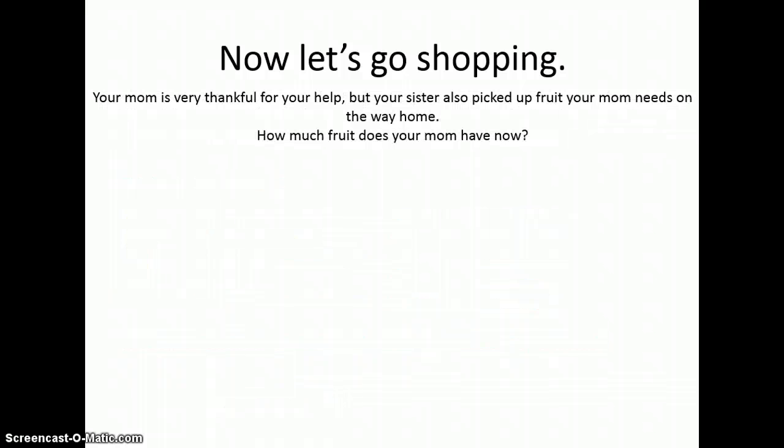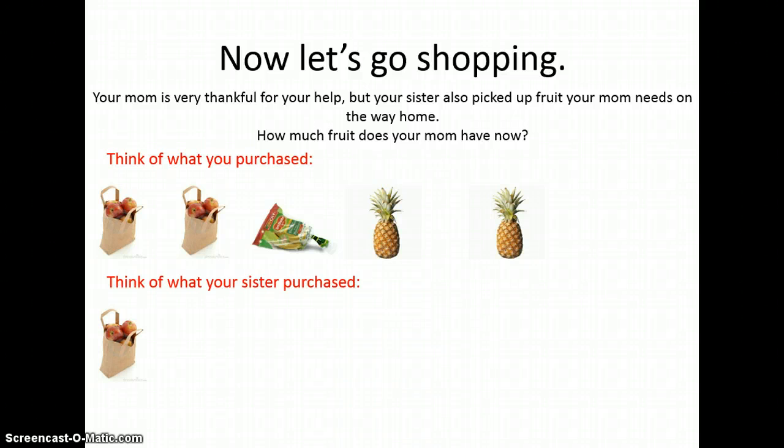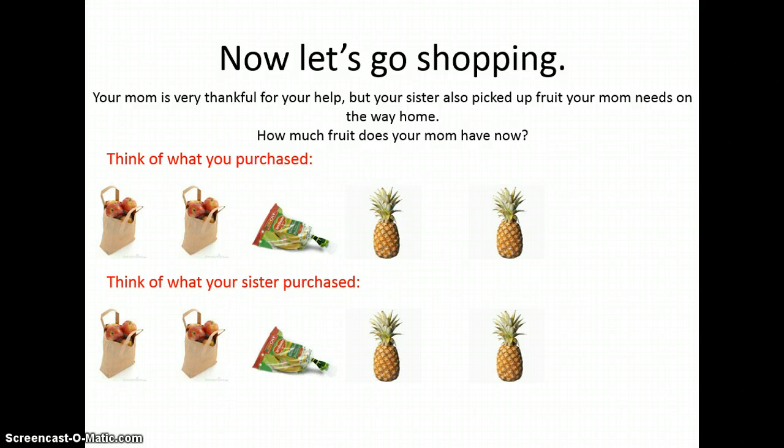Your mom's very thankful for your help, but your sister also picked up fruit, the fruit that your mom needs, on the way home. So how much fruit does your mom have now? Well, let's think about what you purchased, and let's think about what your sister purchased. Note, and it's going to be helpful later on, that they are identical purchases.